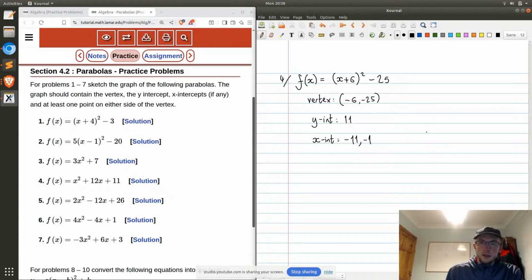Okay, so what's this going to look like? XY axes.